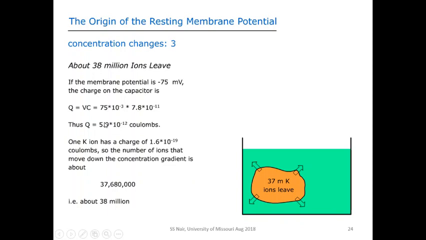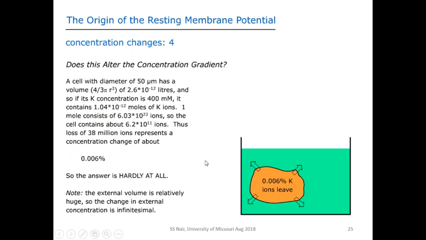So if you divide this number by this number, you will get the number of ions that need to make up this much charge that have moved down the concentration gradient. And that number turns out to be close to 38 million. So 37 million, let us say, ions leave to set up this concentration gradient of minus 75 millivolts largely.